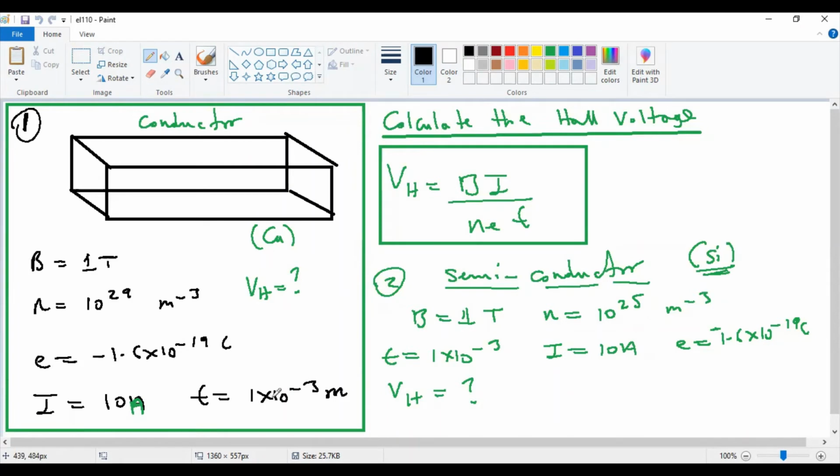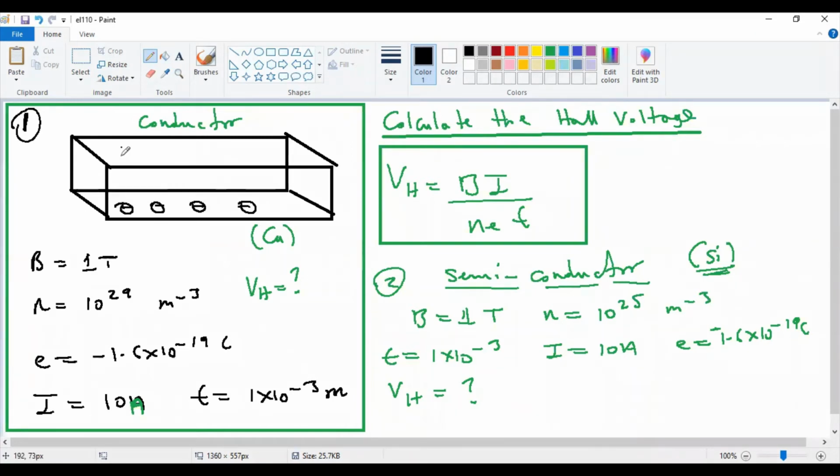If the thickness of the wire is 1 × 10^-3 meters, we want to calculate the Hall voltage. We know that there will be a voltage on the side of the wire because each of the electrons in the wire is going to experience a force. When the electrons experience a force, they're going to accumulate on one side of the wire.